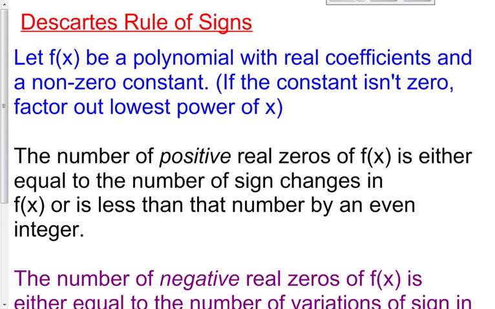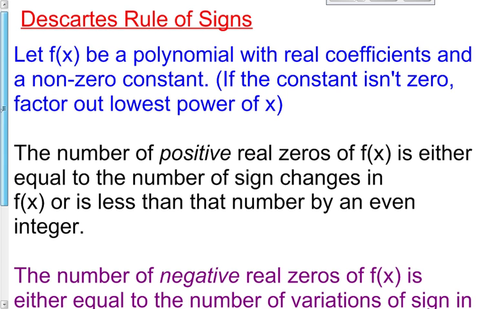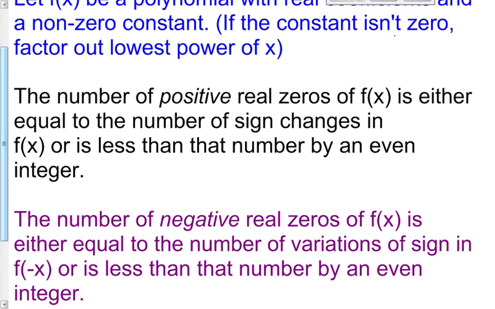Now, Descartes was a mathematician that did a lot of work with this kind of stuff, and he came up with this theorem. Now it says let f of x be a polynomial, so we're talking about polynomial functions, and they have real coefficients and a non-zero constant. Okay? So he found out that with every polynomial, the number of zeros to the right of the y-axis, so these are the positive zeros, that green part, is equal to the number of sign changes in f of x, or it's less than that by an even integer.